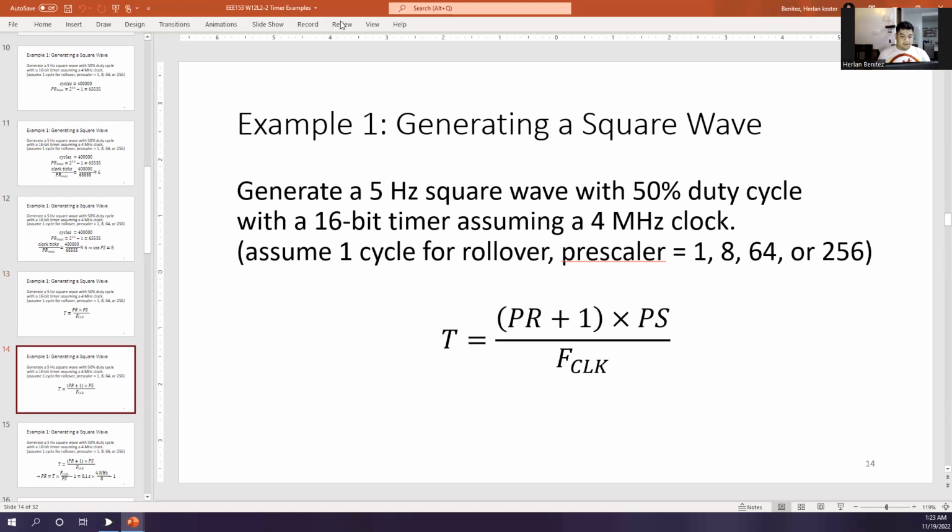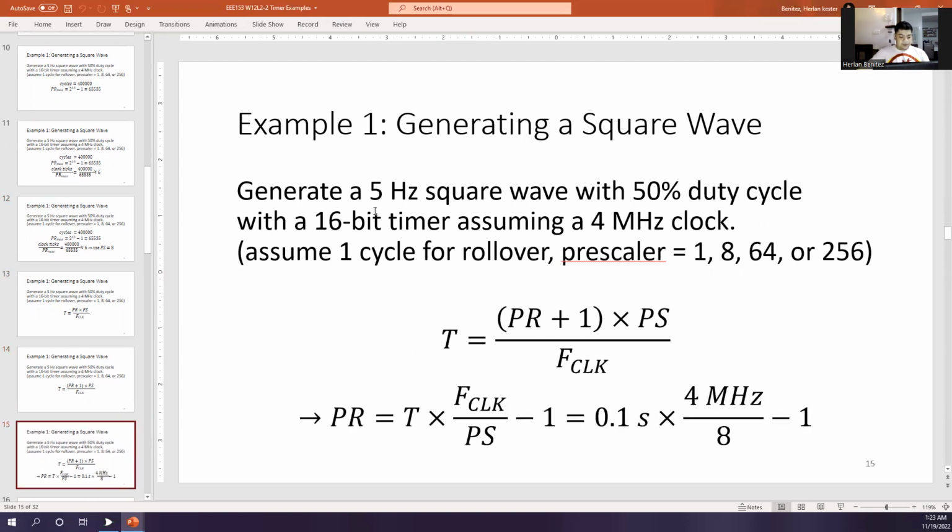Now, period register plus 1 kasi we assume 1 cycle for rollover. Then, isolating PR is t times f clock over ps minus 1. So, yung 0.1 seconds times 4 megahertz na clock over prescaler of 8 minus 1.